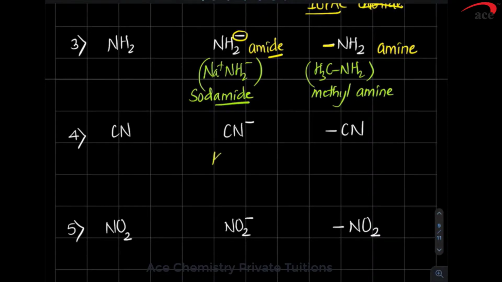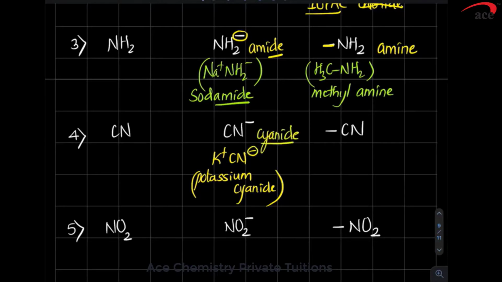Even CN. Have you seen this? Potassium cyanide. Potassium cyanide is one of the most dangerous substances around. If potassium cyanide comes in contact with our blood, it causes death within 3 seconds. That's quick, far quicker. Potassium cyanide, when CN is ionic, gets the name what? Cyanide. Correct.